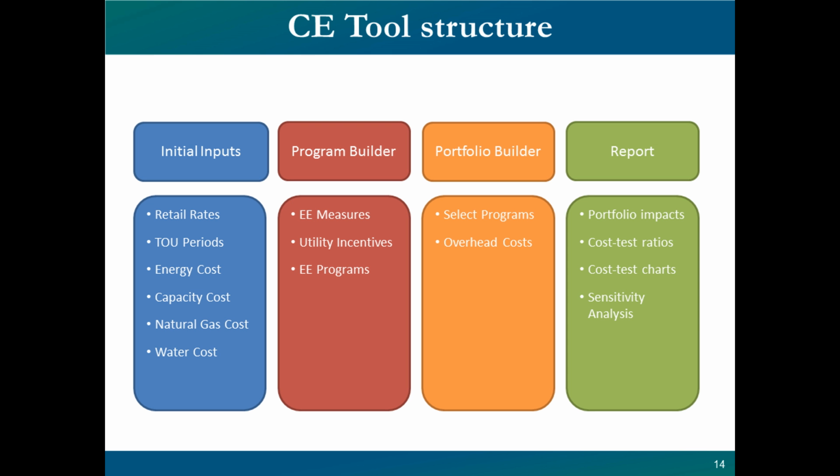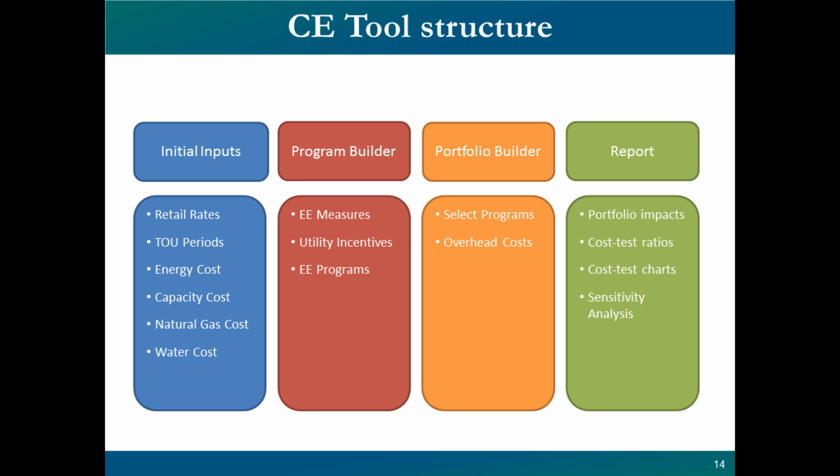Once all of that information is populated, the user has the option to click a Generate Report button that will then lead the user to the Report tab, where all of the results can be looked at. So the Report tab summarizes the portfolio impact, the benefit to cost ratios, as well as some charts that go into detail by component of how those benefits and costs are split out.